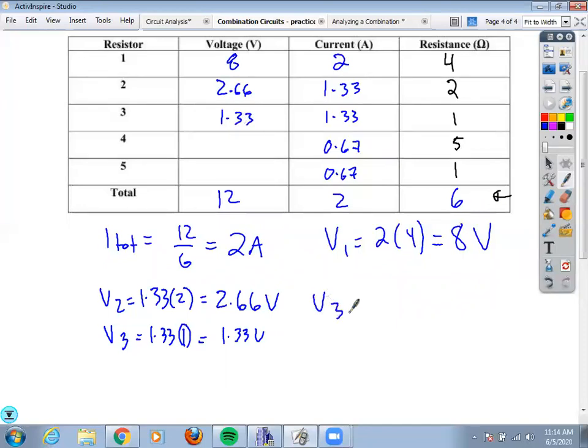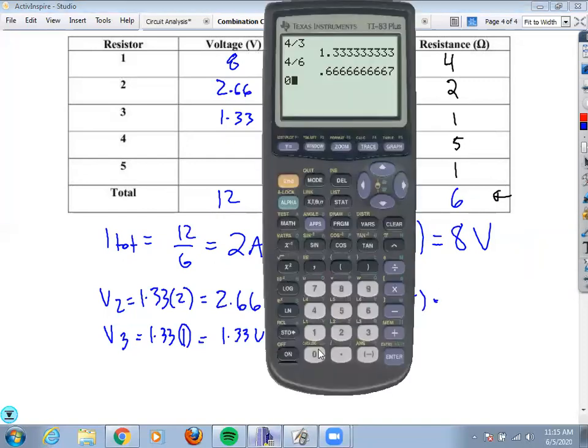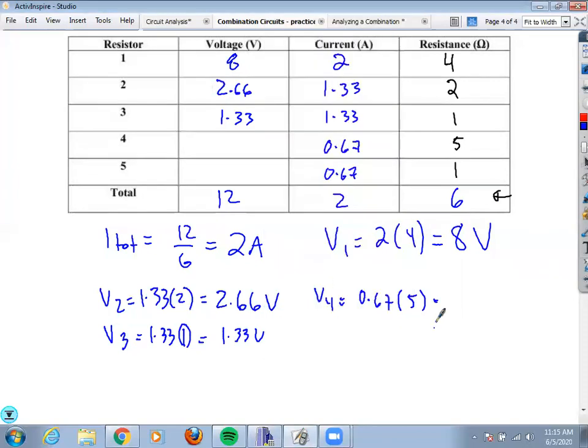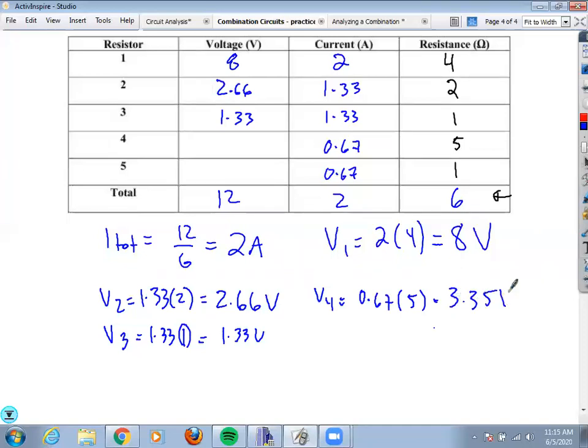Now V4 equals I times R, so 0.67 times 5 ohms gives us 3.35 volts, and V5 equals IR, so 0.67 times 1, which is 0.67 volts.